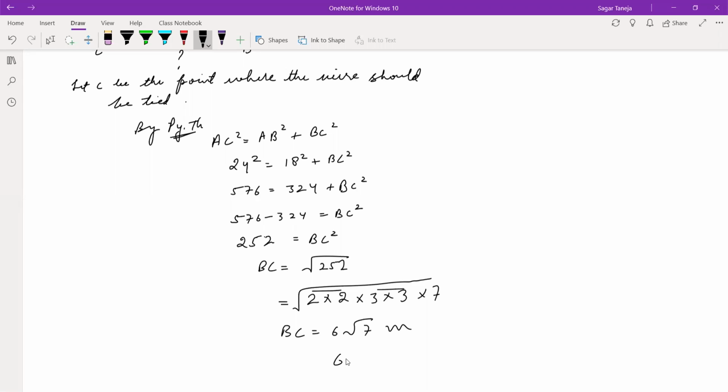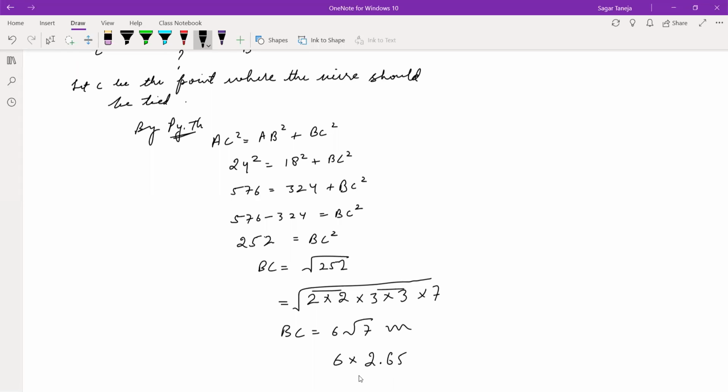meters, and what is the value of root 7? Exact value after decimal, 2 point, what is this? Let me check. 2.65, the rounded off value. So multiply 2.65 with this.